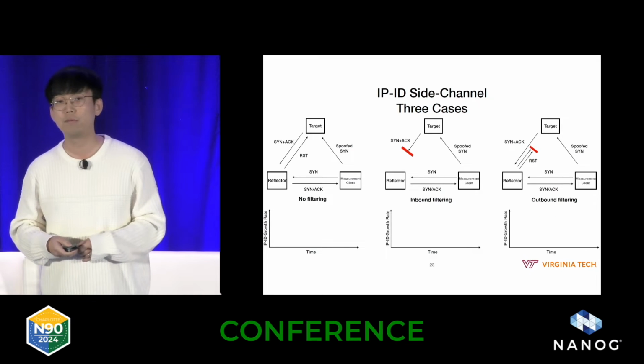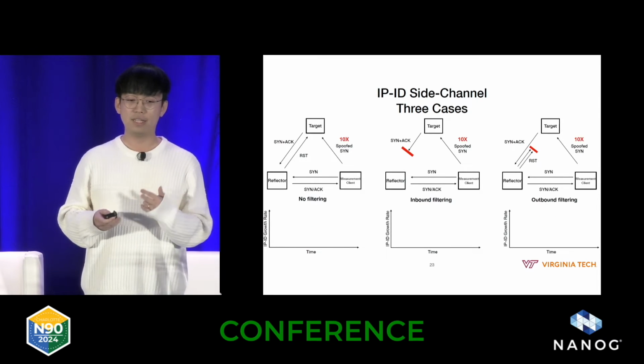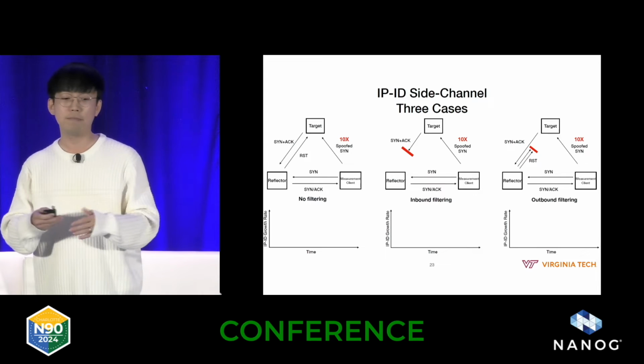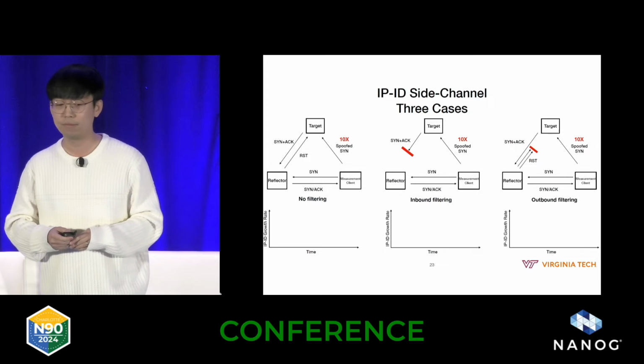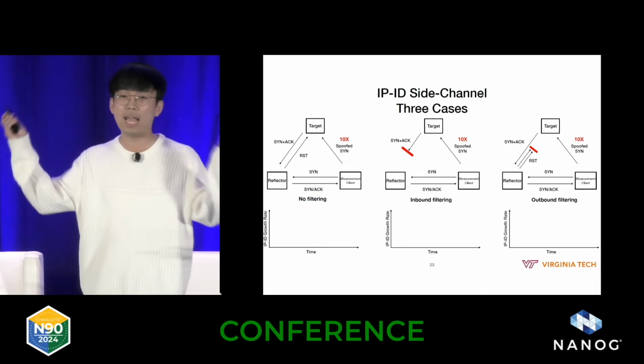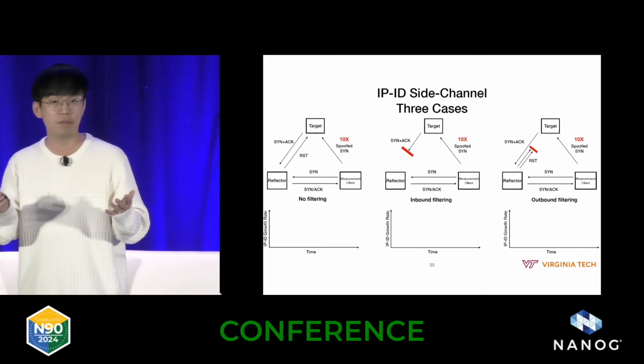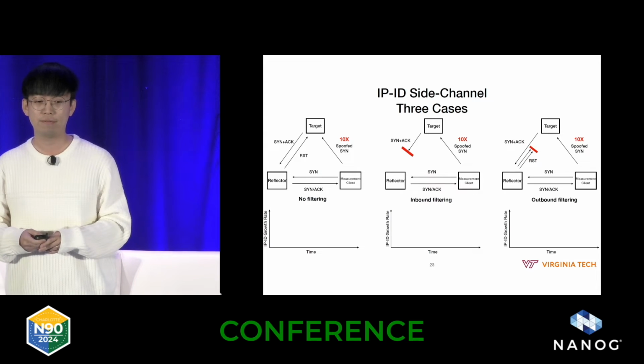Now, our measurement client keeps sending a SYN packet to the reflector to keep monitoring its IP-ID value. Then we send 10 spoofed SYN packets, a burst, to the target.